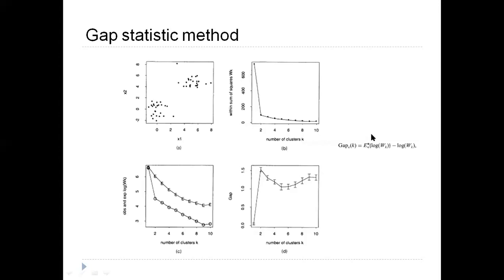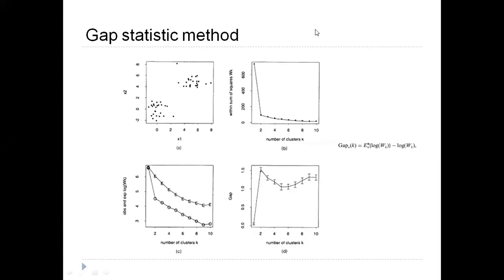Here the formula is nothing but taking the logarithmic value of the sum of squares and subtracting the logarithmic value of the sum of squares of the expected uniform distribution. So log of Wk is for your observed data set, and this is the log value for your expected uniform distribution.